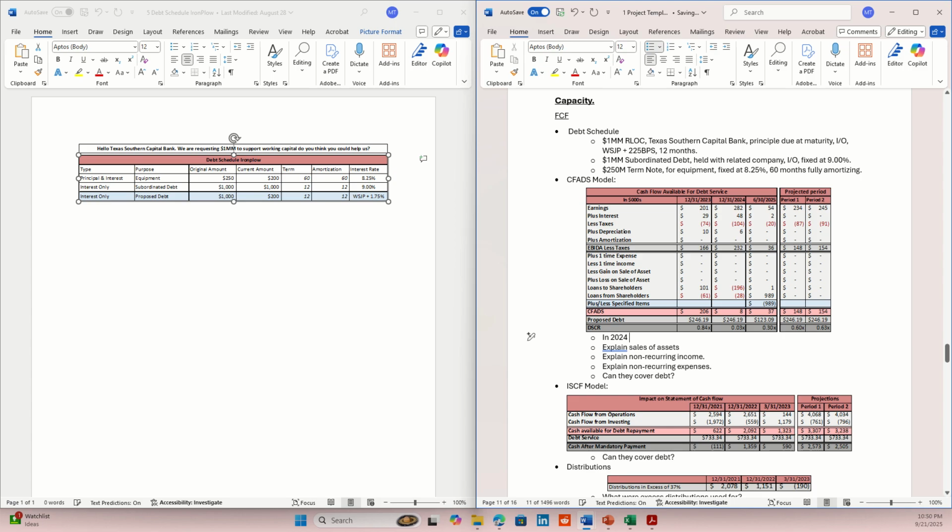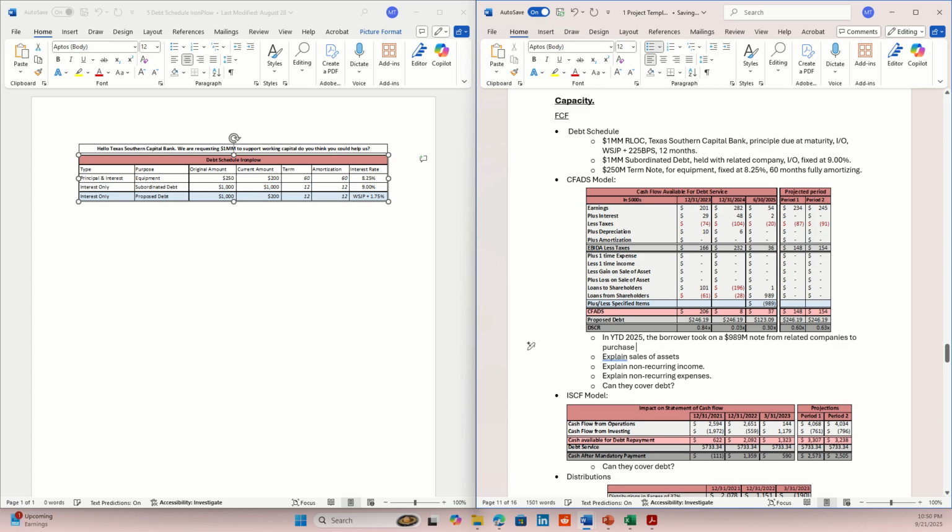In year to date 2025, the borrower took on a $989,000 note from related companies to purchase machinery. Terms are documented above, period.